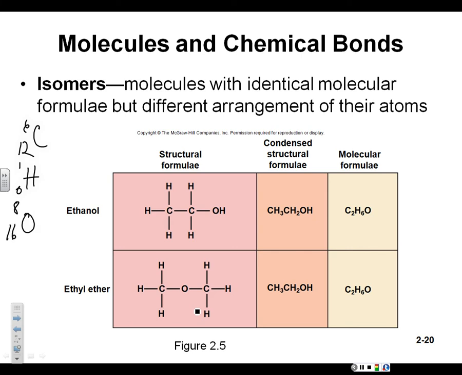So by definition, atomic mass equals the number of protons plus neutrons.